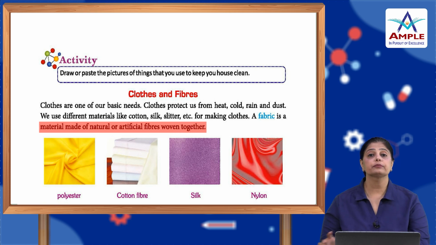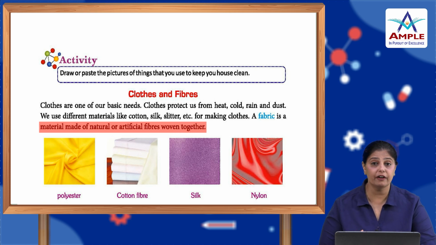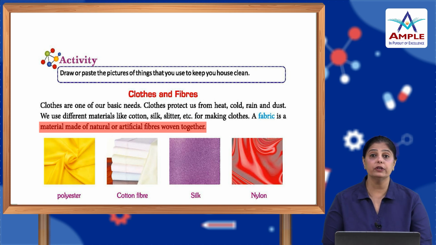Clothes are very important for us, because in earlier times when clothes were not made, people started finding the need for clothes, because obviously the weather used to be harsh, there were insects, there were animals and also dust.